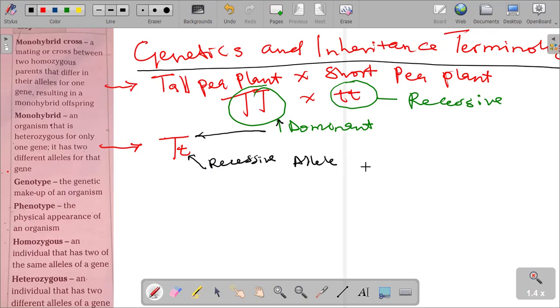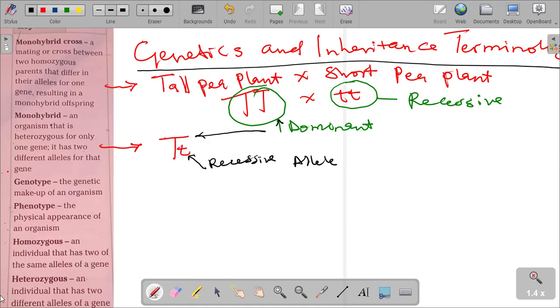For a characteristic or gene that is the same, we cannot use different letters for the dominant and the recessive. A dominant allele is always given by a capital letter, and its contrast, the recessive, is given by a small letter of that same alphabetic letter. Hence, we have a capital letter T and a small letter t representing dominant and recessive alleles.